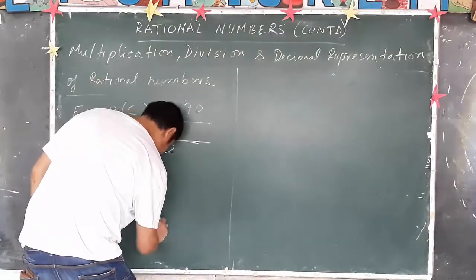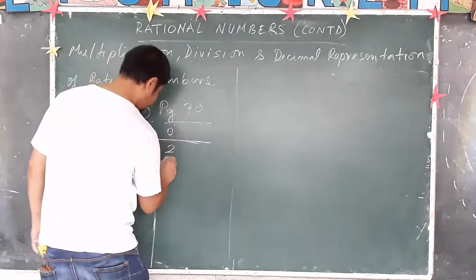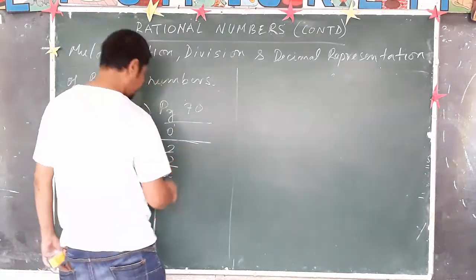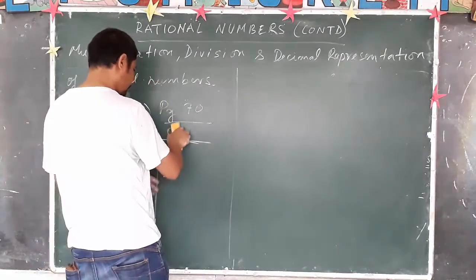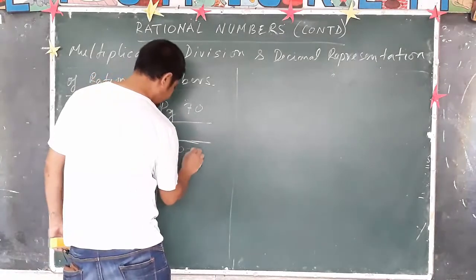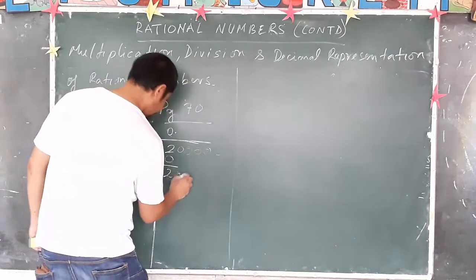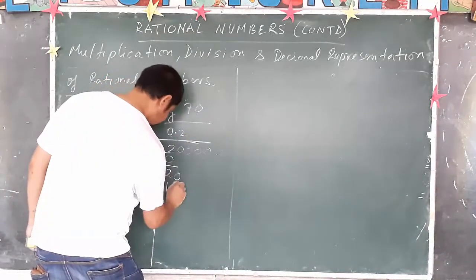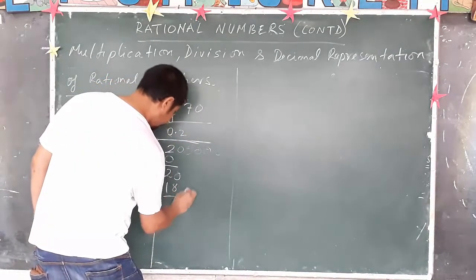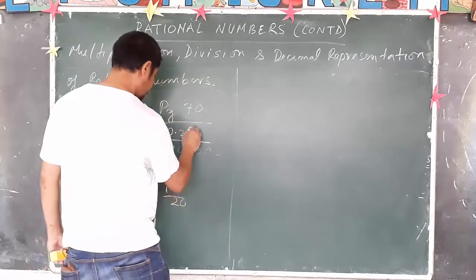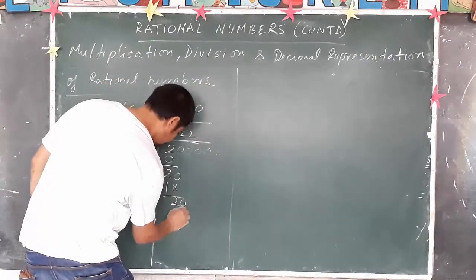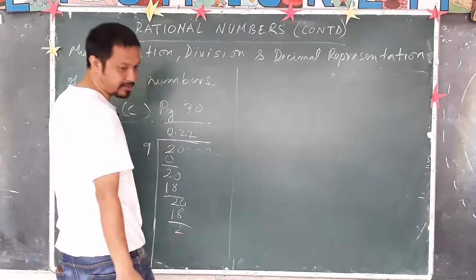So 9 zeros are 0, 2 is born. If you put a decimal, then many zeros will be born out here. There will be multiple zeros, as many as you need. The first 0 comes down, 9 2s are 18. Remainder 2 again. See, now this is recurring. 18. So it says how many decimal places?